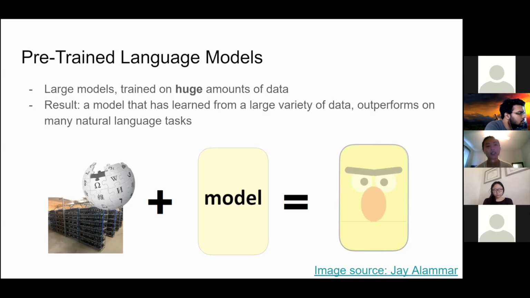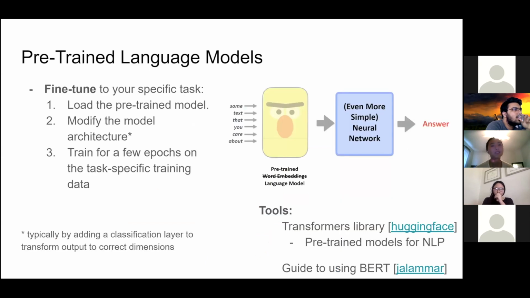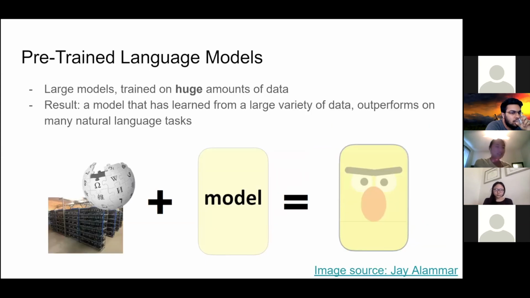And the idea here is that the general aspects of natural language, of how to interpret grammar, how to disambiguate between different words based on their context, can be applied to any downstream natural language task that you might care about. And in practice, this works really well.